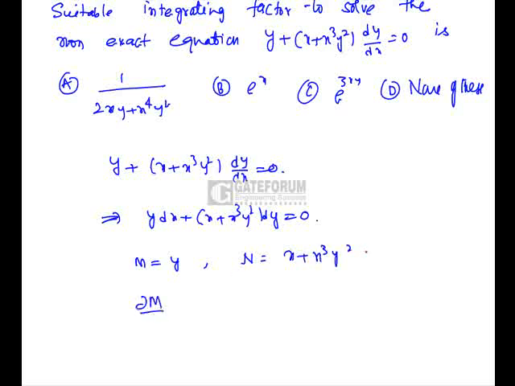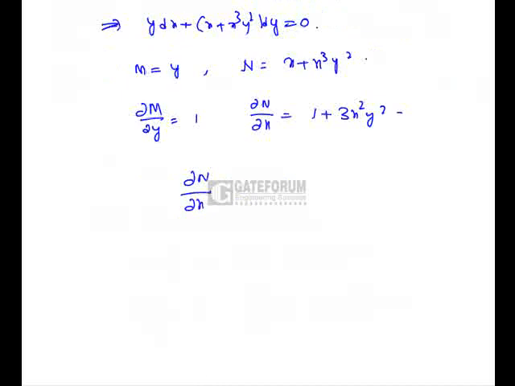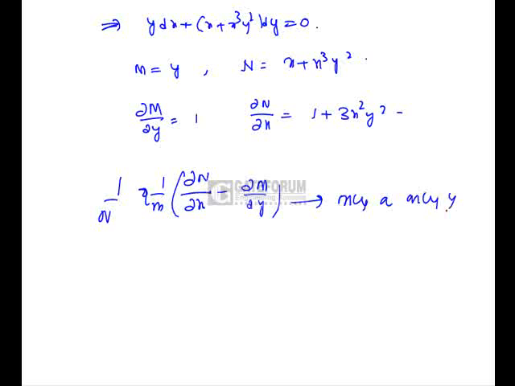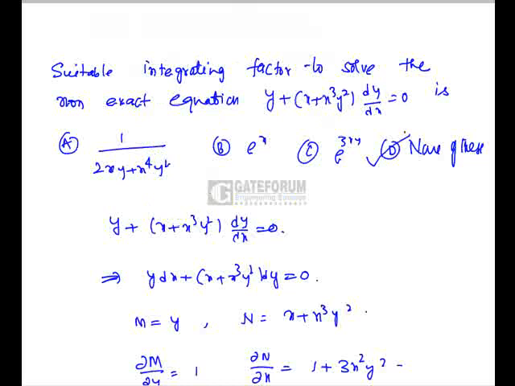Now dou M by dou y is 1, dou N by dou x will be 1 plus 3 times x square y square. Now dou N by dou x minus dou M by dou y, divided by M, or divided by N, the value is not in terms of only x or only y. So it is not in any standard form. So the answer is none of these because we cannot find any integrating factor here.